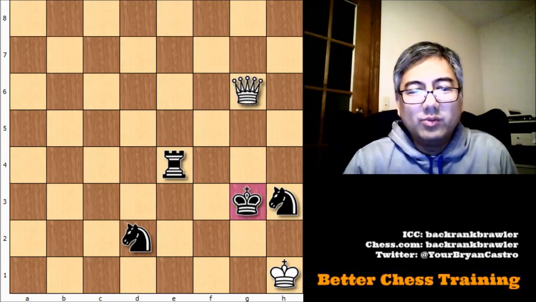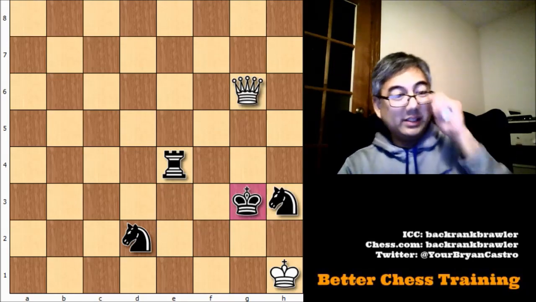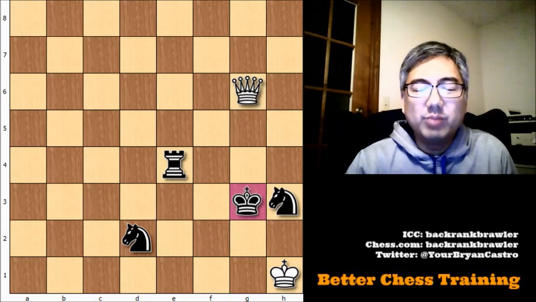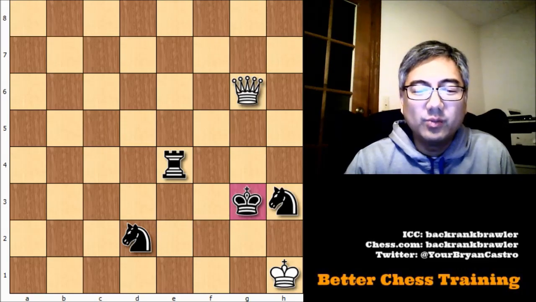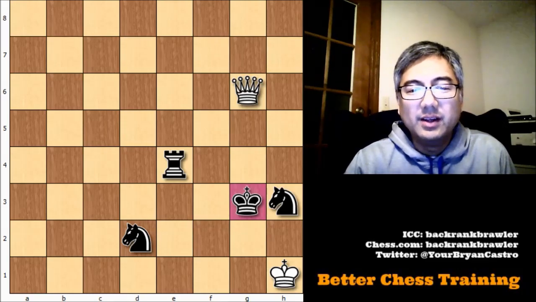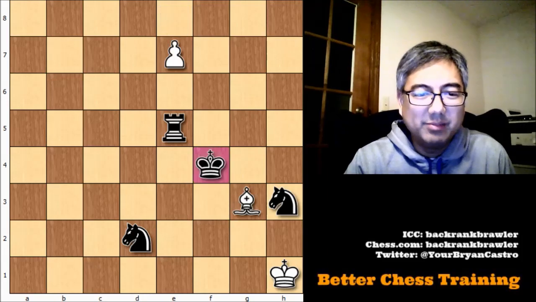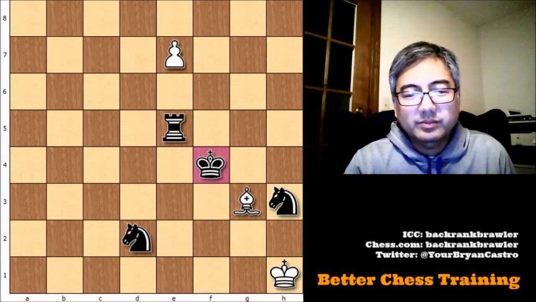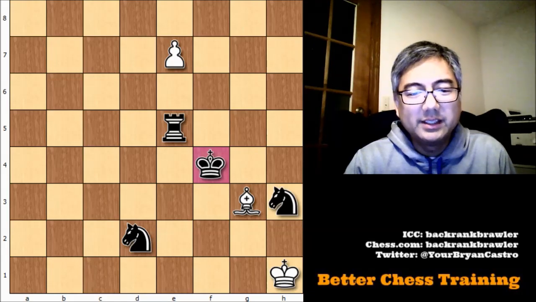Then white's going to get some checks. Of course, with all this material, white is probably not going to win now, but I don't think black's going to, or I'm sorry, white's not going to lose. Okay, let's go back to it. So with that in mind, bishop to g3 check.